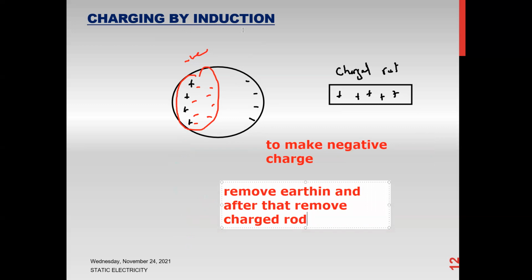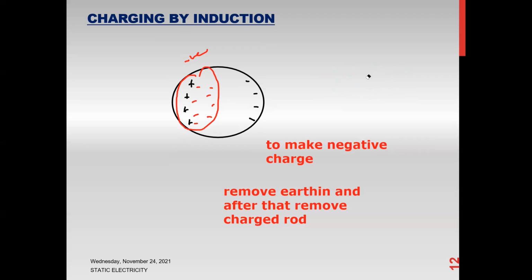Whenever you want to make an object permanently charged by induction, always remove the earthing wire first and then the charged rod. Why do we remove the earthing wire first? Because otherwise the earthing wire allows the charges to flow back.